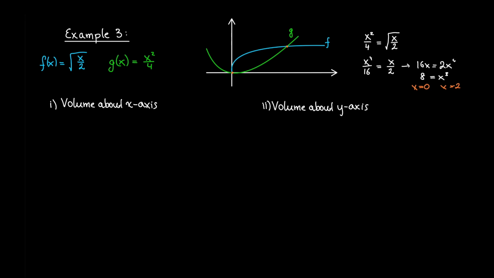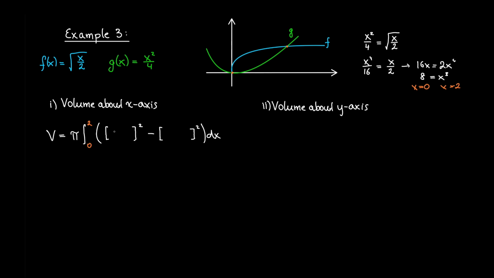Now that we have the bounds, we also know which function is on top, in this case the blue function f of x. We can find the volume rotated about the x-axis. Here, to find the volume, the formula actually doesn't change that much. Essentially what we have to do is take the square of one function and subtract the square of the other.